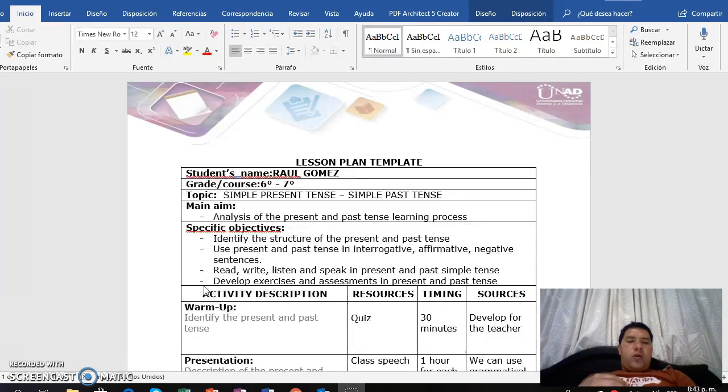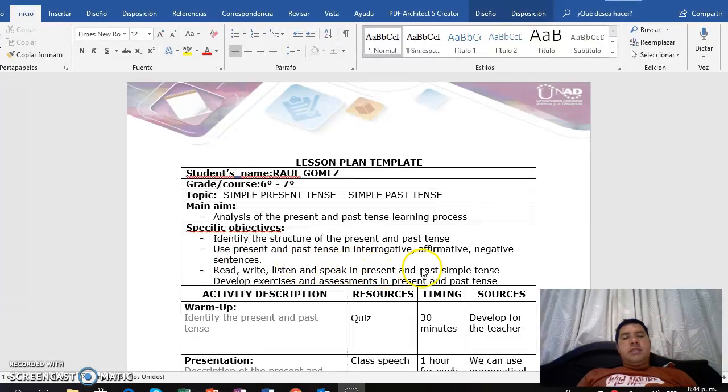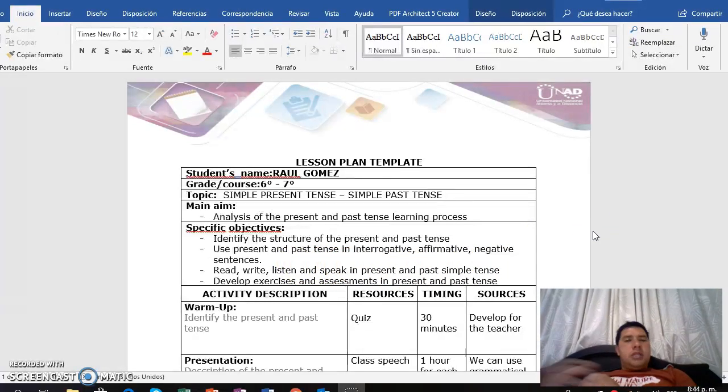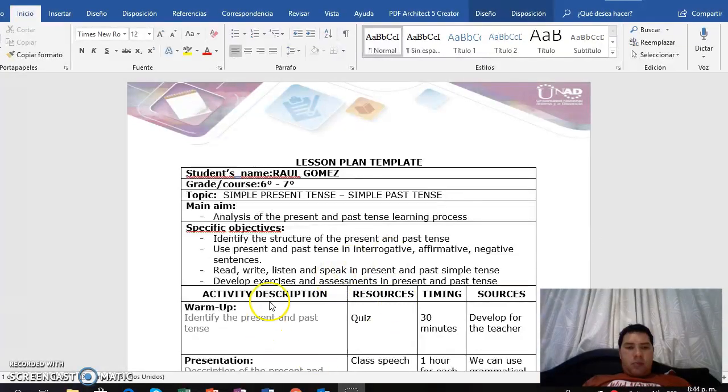For this objective, we also found reading, writing, listening, and speaking in present and past simple tense. Here we're going to introduce the students to the terms of the present and past simple, and involve them to develop their skills in these two tenses of English.